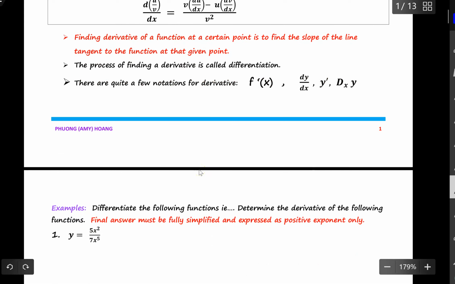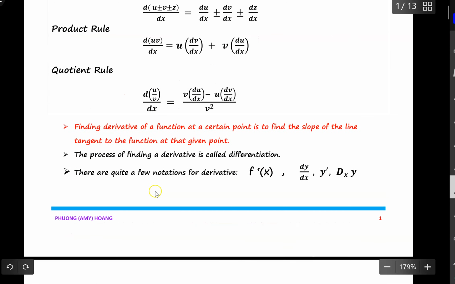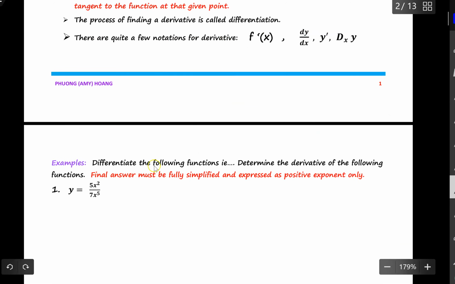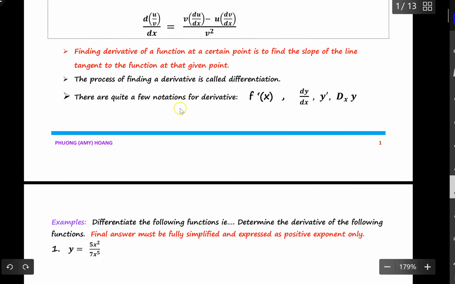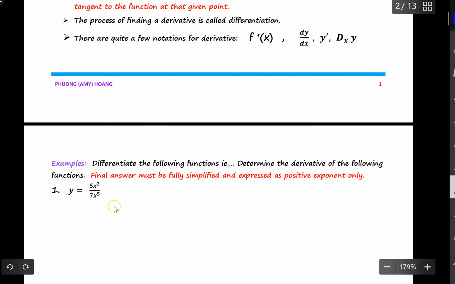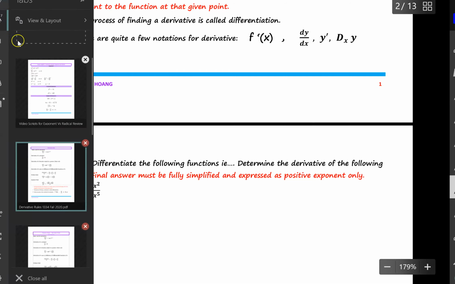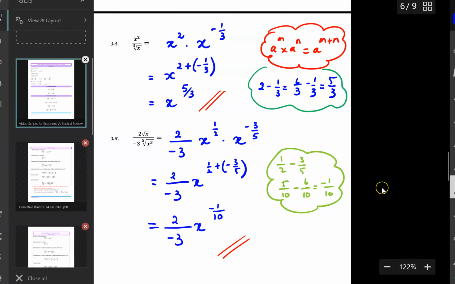So if you compare question number 1 with these formulas, you probably tend to say, okay, I'm going to use the quotient rule because I have two functions divided by each other. But do we need to apply the quotient rule in this one? No, we don't. Go back to the review that I have shown everyone.